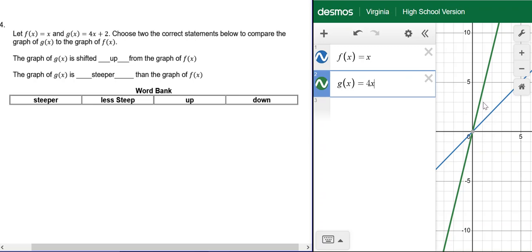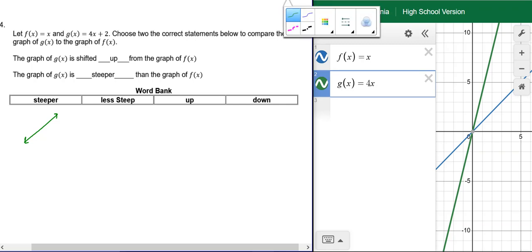Well, it got steeper. When your graph, let's do this, when your parent function right here, which is just f of x equals x, is steeper, it goes closer to the y-axis.